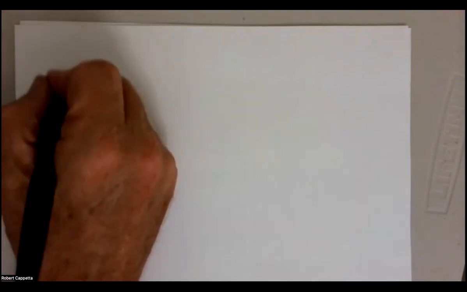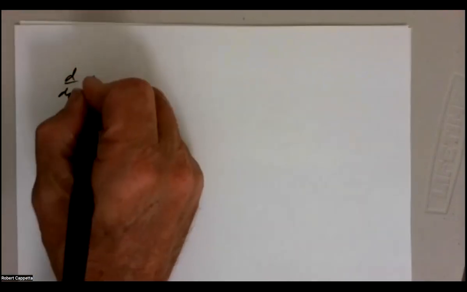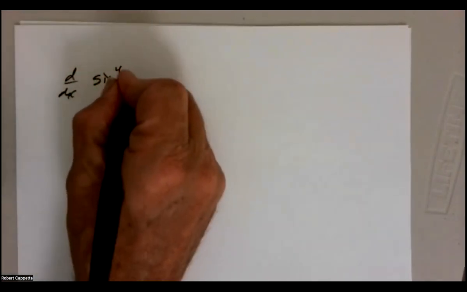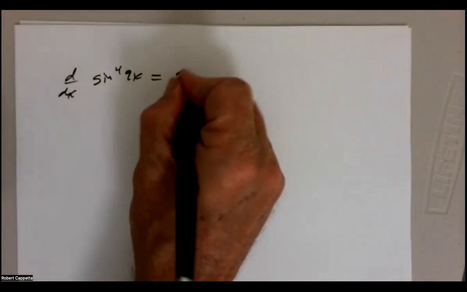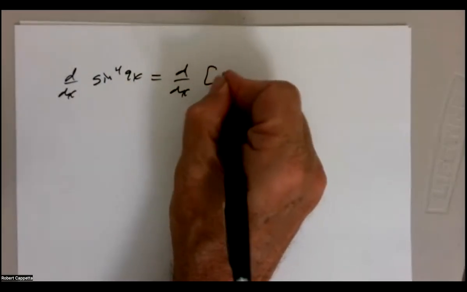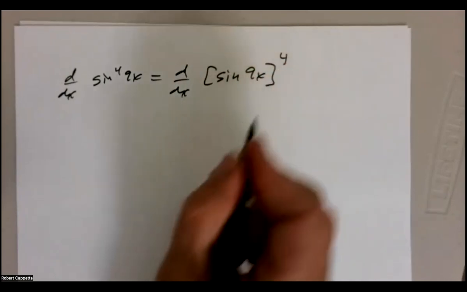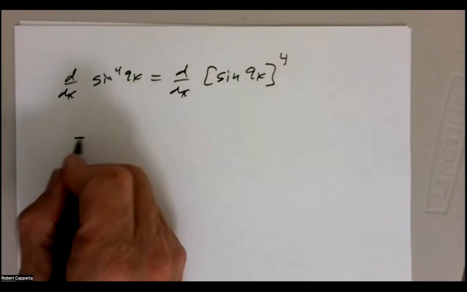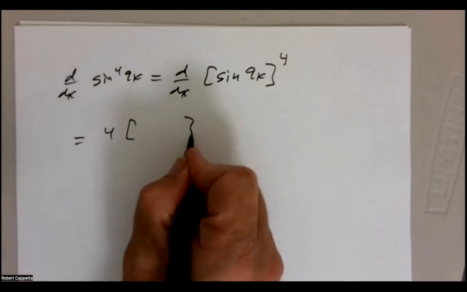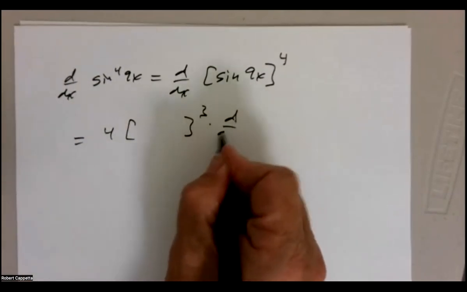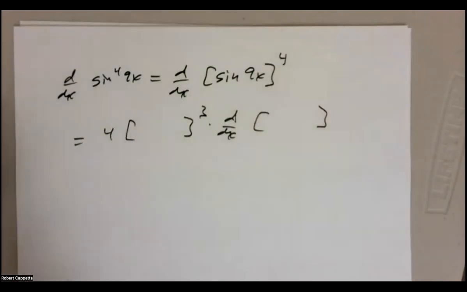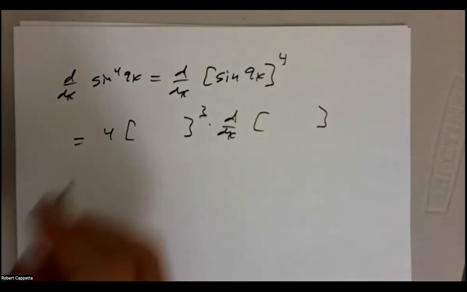I have the derivative with respect to x of sine to the 4th of 9x. What does that mean? The derivative of sine 9x to the 4th power. The derivative of something to the 4th power: 4 times something to the 3rd times the derivative of the something. What is the something? Sine 9x.